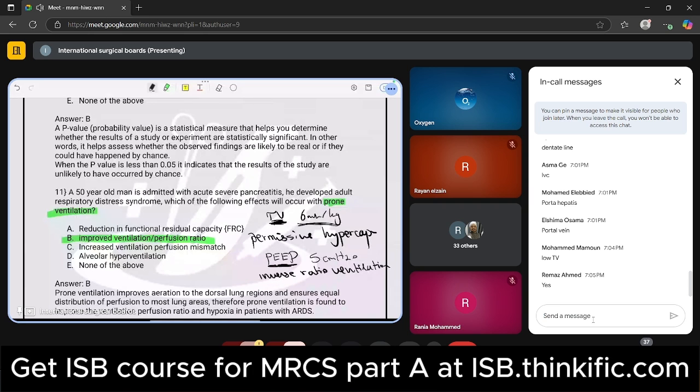Normally, which takes longer, inspiration or expiration?